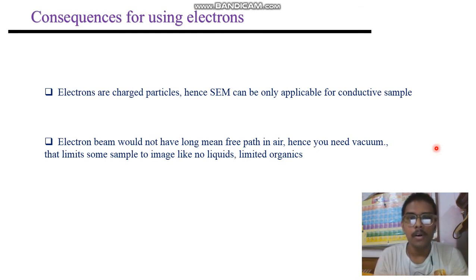So it is only applicable for conductive samples. And since there is a vacuum inside the microscope, you can't use every sample, because in vacuum liquids will evaporate. So no liquid can be used in that space, and only limited organics can be used in vacuum. That's the drawback of SEM.